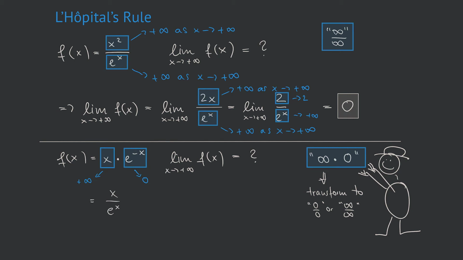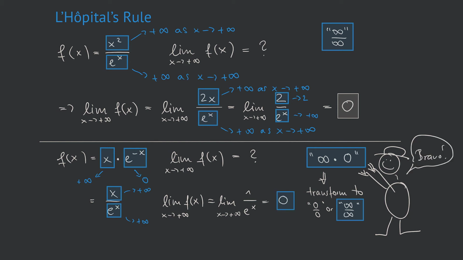This gives x over e to the power of x, which, by looking at the numerator and the denominator, turns out to be the basic situation infinity over infinity. So we find that the limit of f of x equals the limit of the quotient of the derivatives, which can be determined to be 0 by the standard procedure.